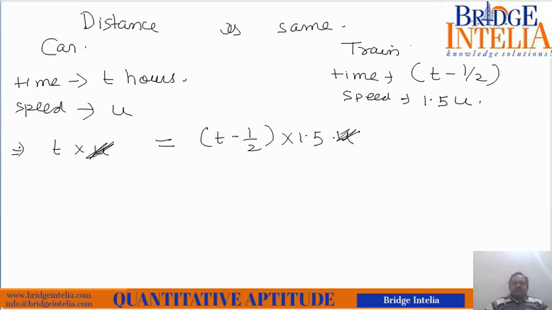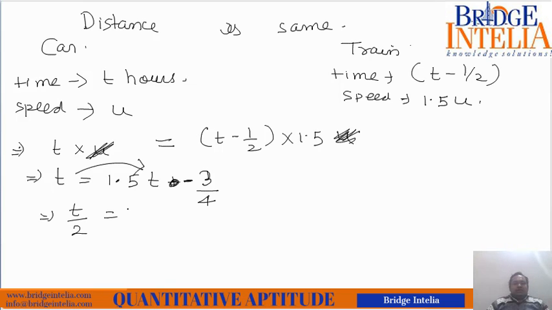So if you cancel this u with this one, what do we get? T is equal to 1.5 t minus 3 by 4. So from here, if you switch sides of variable, t by 2 is equal to 3 by 4.